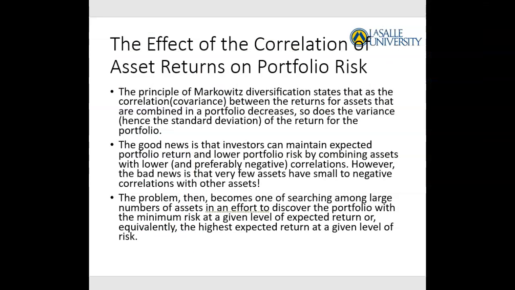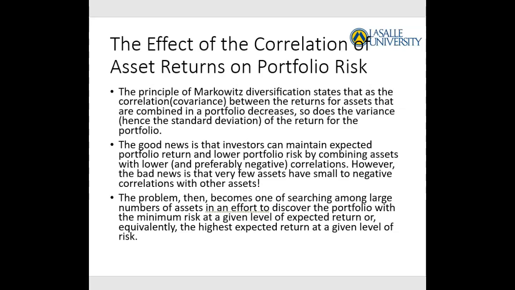Now that we know how to calculate both correlation and covariance, let's try to understand the effect of correlation of asset returns on the overall risk of the portfolio. So how would the risk change for our two asset portfolio with different correlations between the returns of the component stocks?